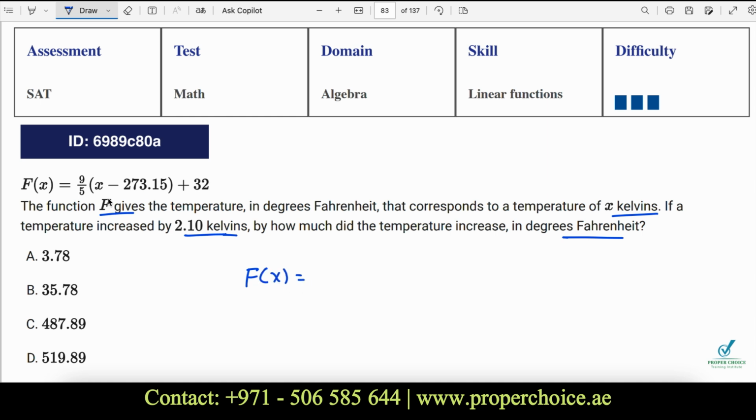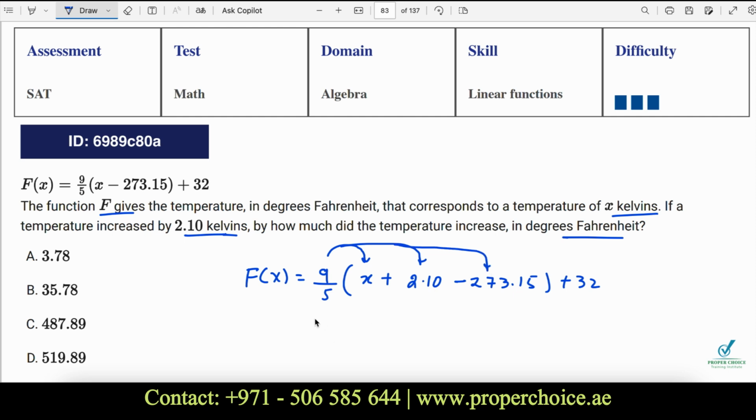This time you will be writing x as x plus 2.10, because it's getting increased: 9 by 5 times (x plus 2.10 minus 273.15) plus 32. So how do we simplify it? You will be simplifying this by distributing 9 by 5 with each and every term.